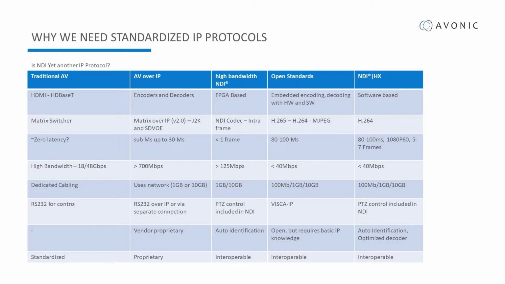Then if we look back at NDI, high bandwidth NDI, one of the things that could be considered a downside is that initially it was developed to really replace SDI infrastructure inside of broadcast organizations. For Pro AV applications, lower bandwidth is fine.